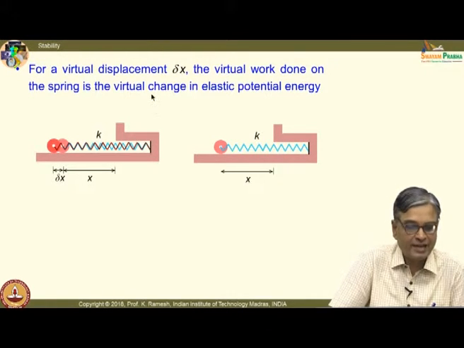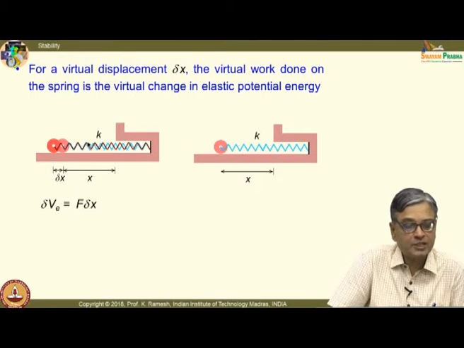So, we need to calculate the elastic potential energy. I have displaced it by a virtual displacement delta x, and we write the expression for the virtual change in elastic potential energy as delta V E equal to F into delta x.